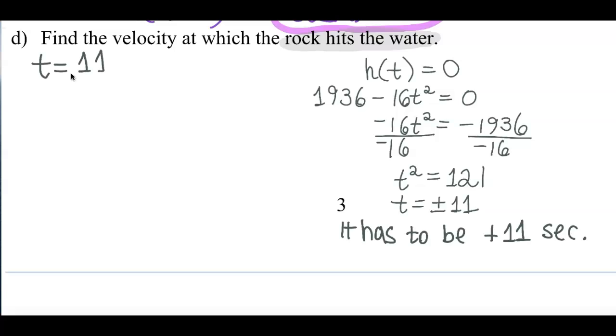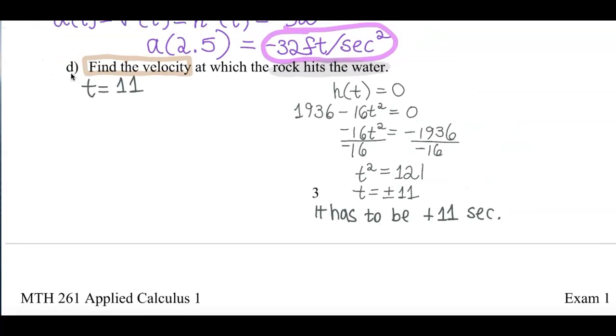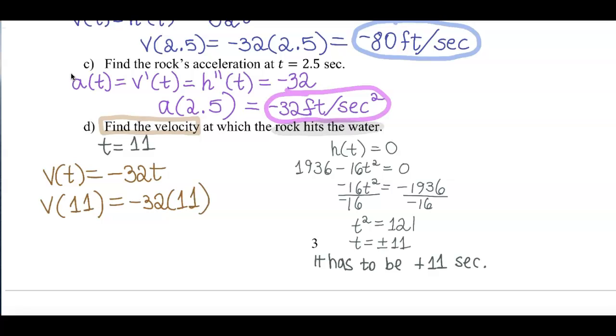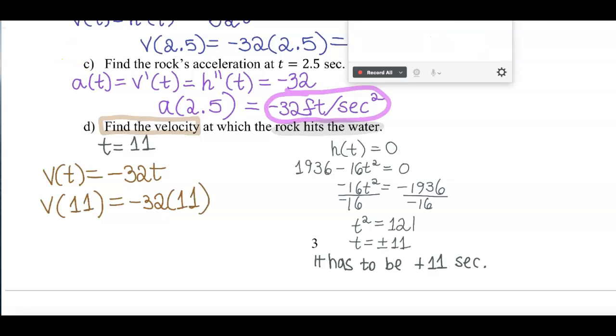They want you to find the velocity when t is 11. So let's plug in 11 into the velocity function. V of t from part B is negative 32t. If I plug in 11 in here, I will need to do negative 32 times 11. So I need my calculator again.